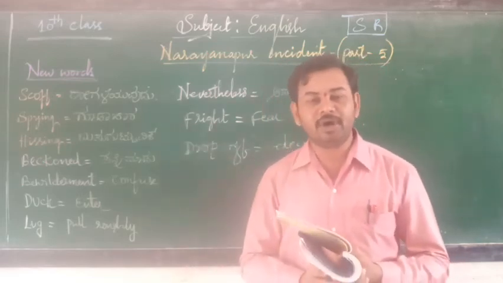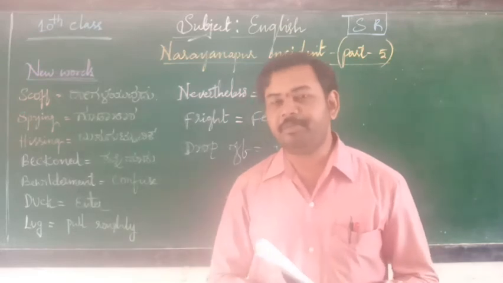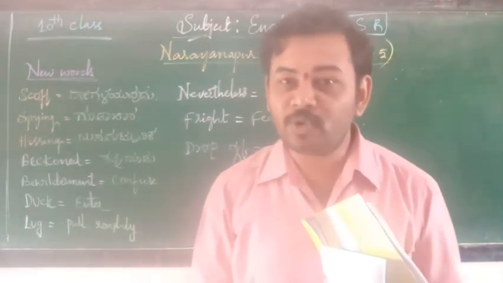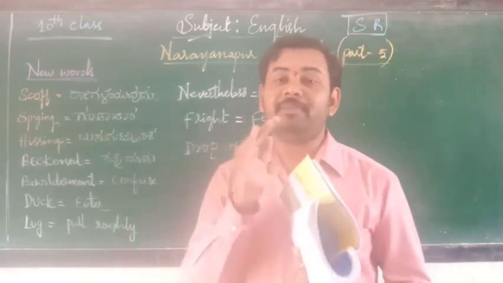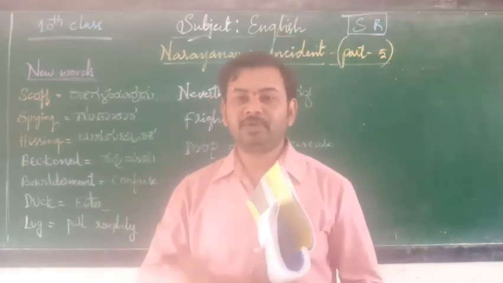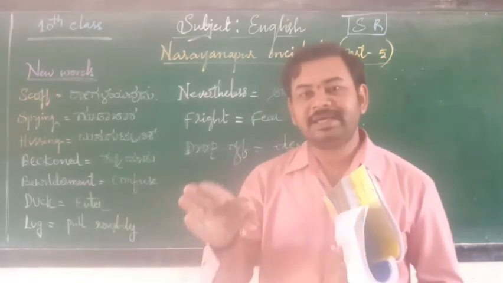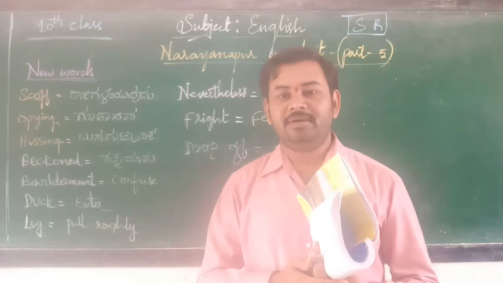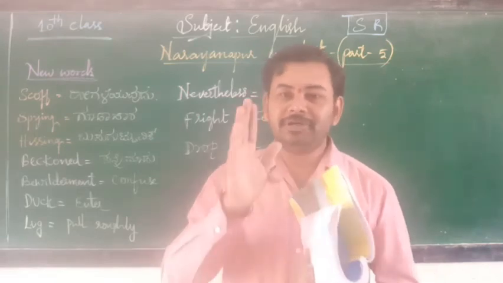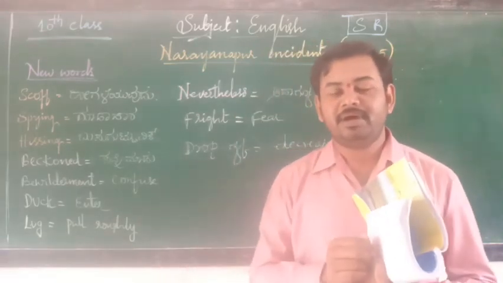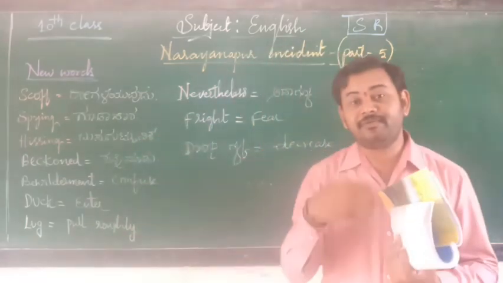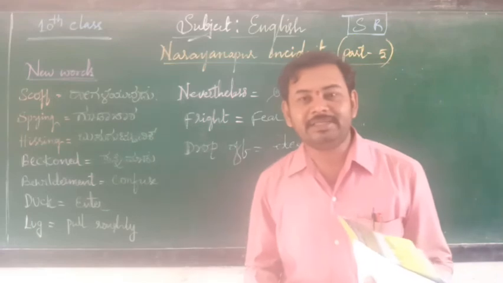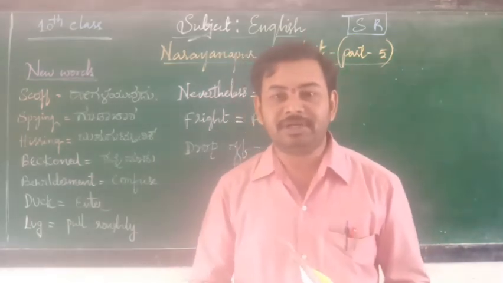Got it? So now we can say that Mr. Patil also played a very vital role to protect the family of the teacher, whereas all the students and children of the teacher were protesting against the Britishers and trying to safeguard their teacher. So this is the lesson of the Narayanapura incident.